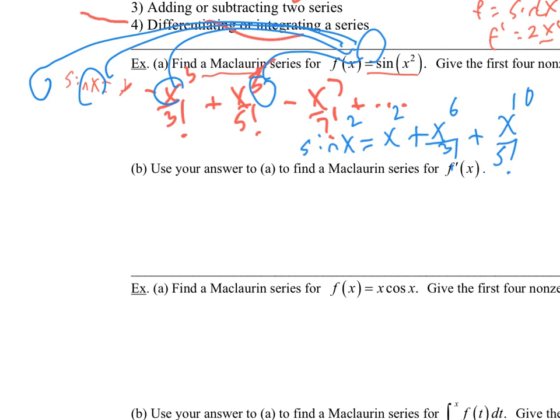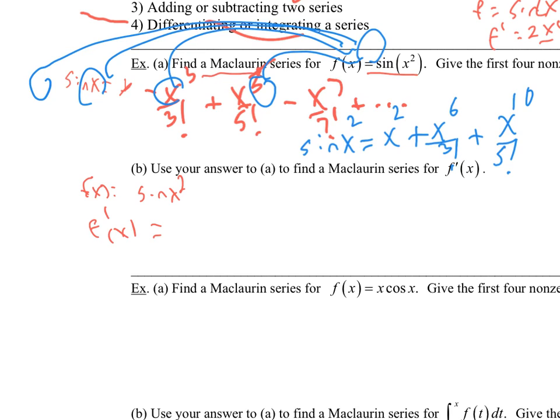So if f of x is, I'm sorry, is sine of x squared, then f prime of x will be equal to.